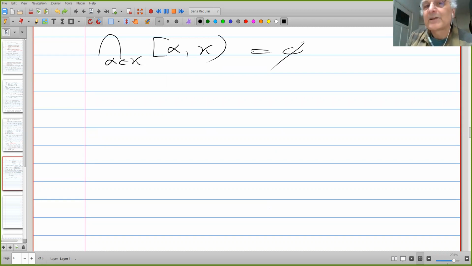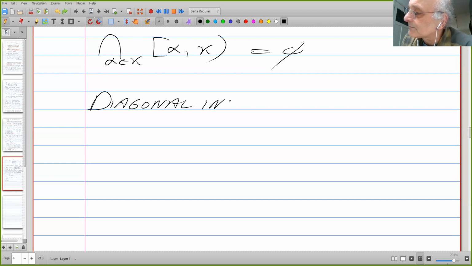We can make some kind of intersection of big families anyway. And that's the diagonal intersection. What on earth is diagonal intersection?